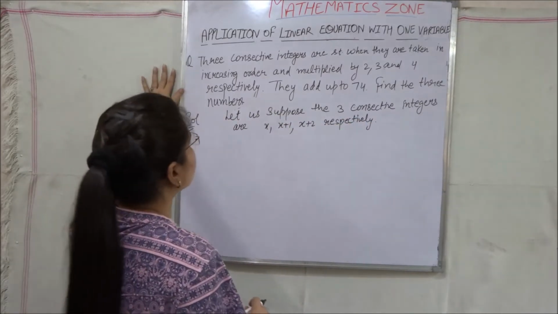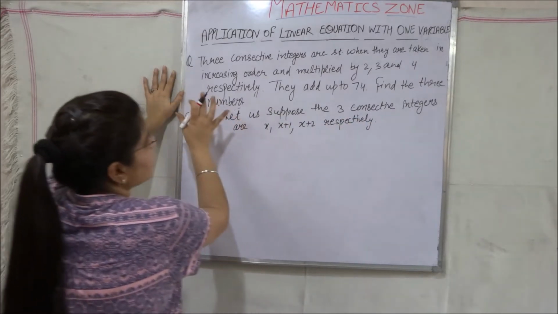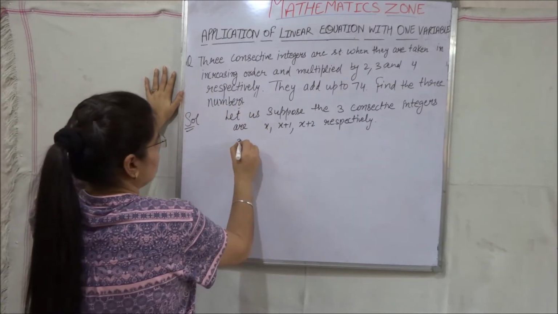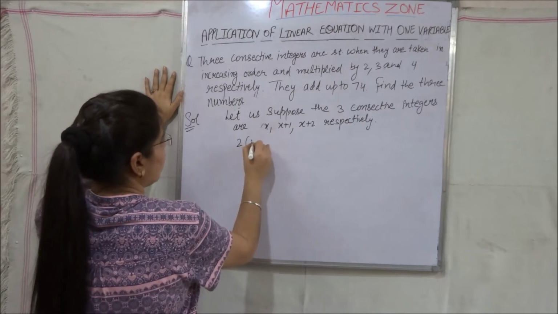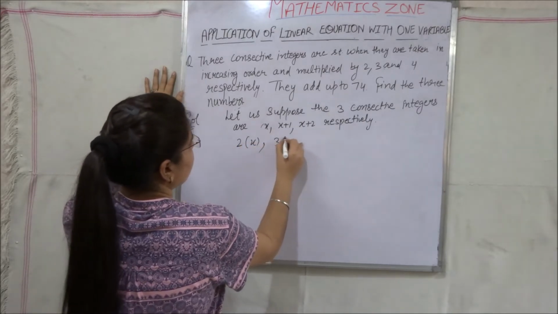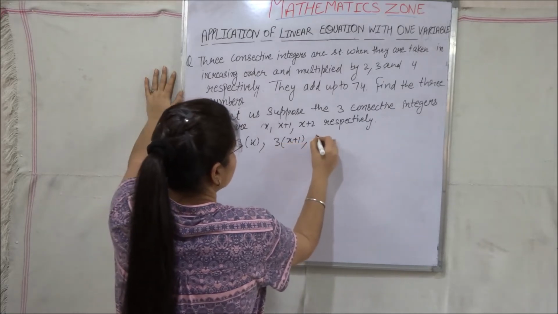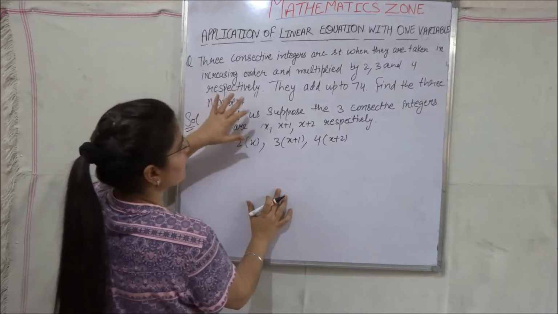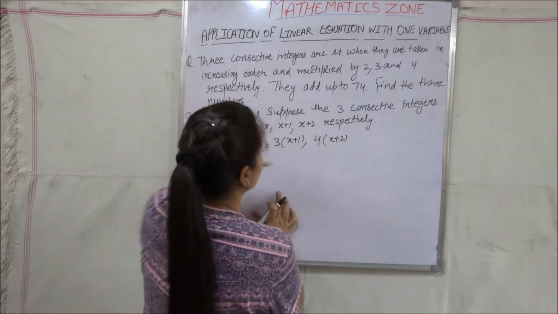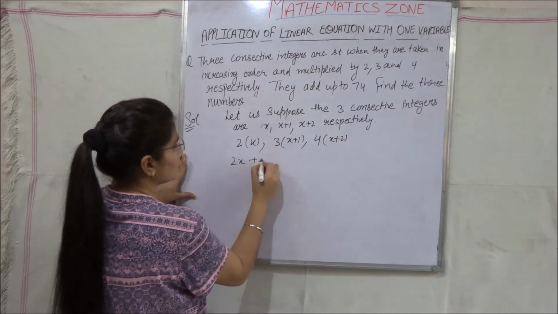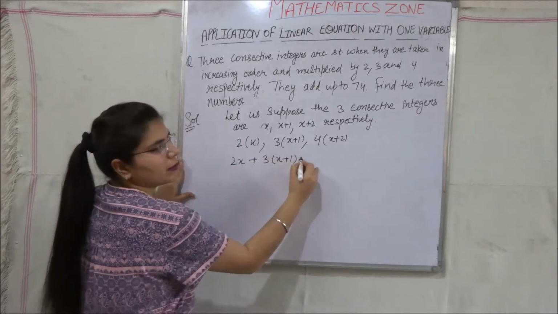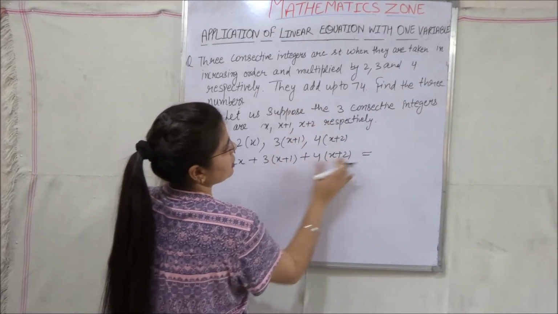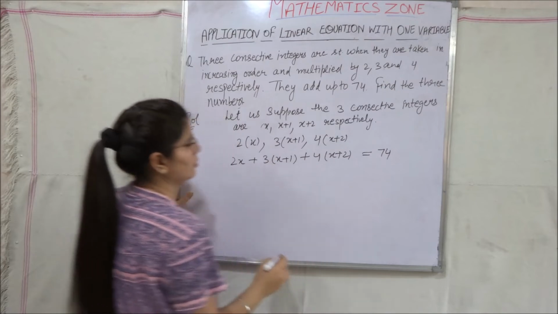Now, according to the condition, they are taken in increasing order and multiplied by 2, 3 and 4. So the first number will be multiplied by 2, the second by 3 and the next by 4. When added, they equal 74, that means 2x plus 3 times x plus 1 plus 4 times x plus 2 is equal to 74.